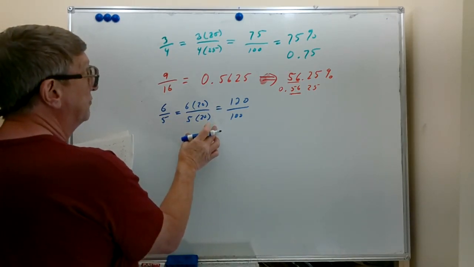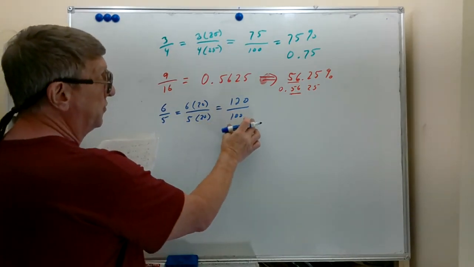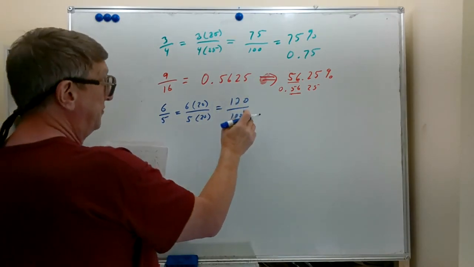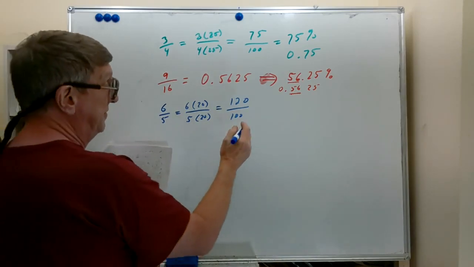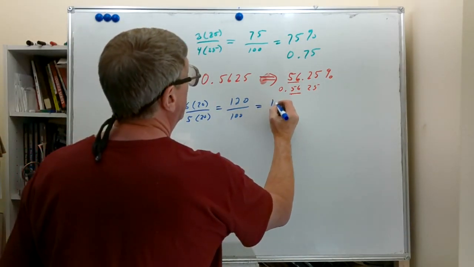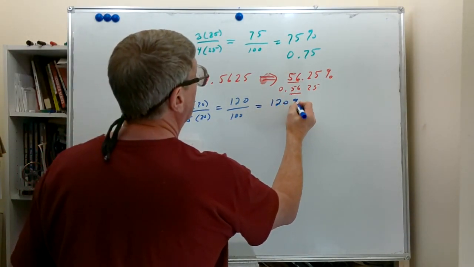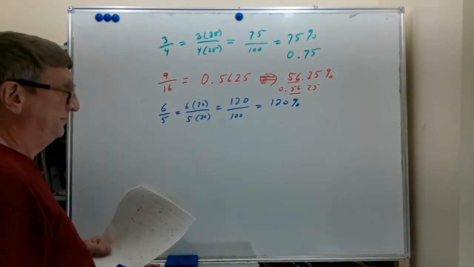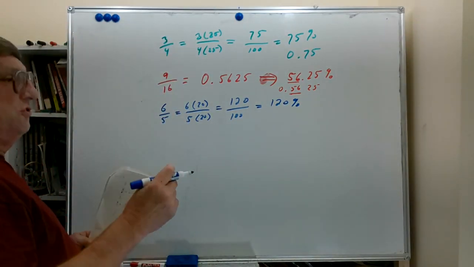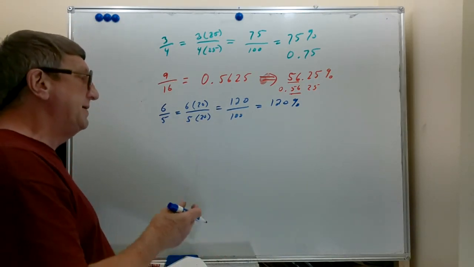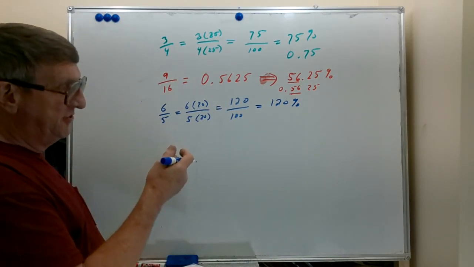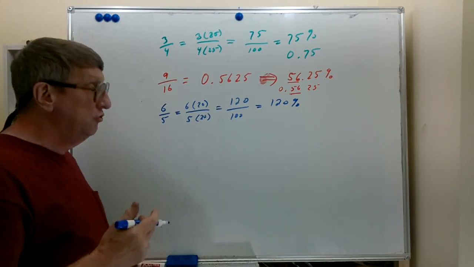6/5, 6 times 20 over 5 times 20, 120 over 100. But remember, the denominator of 100 is the definition of what a percent means. So this is, in fact, 120%. And of course, the rule, to go from percent to decimal, we divide by 100. And we do that by moving the decimal place 2 places to the left.